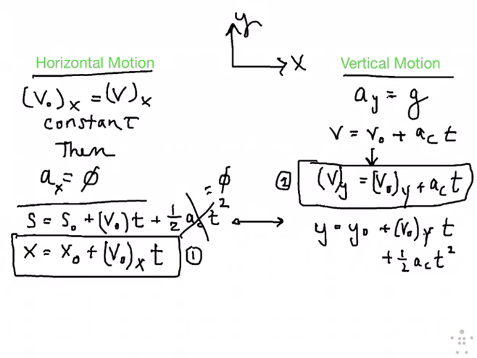And our ac is going to be acceleration due to gravity. So this is ac in the y direction. Okay, so that's another equation that we have. So it's a third equation.